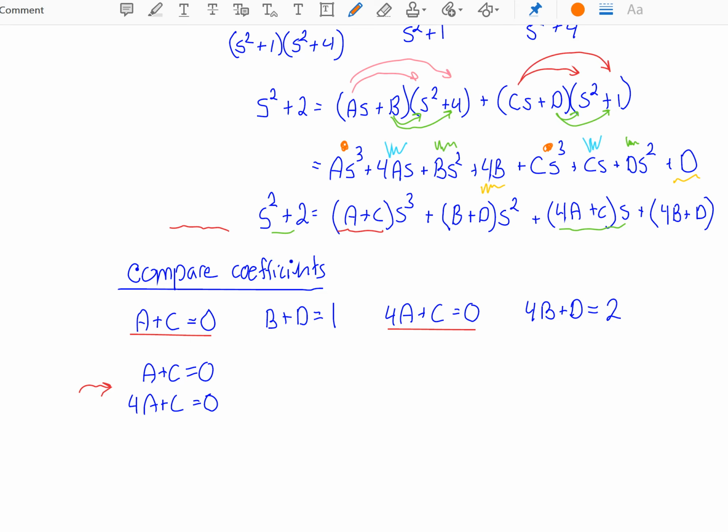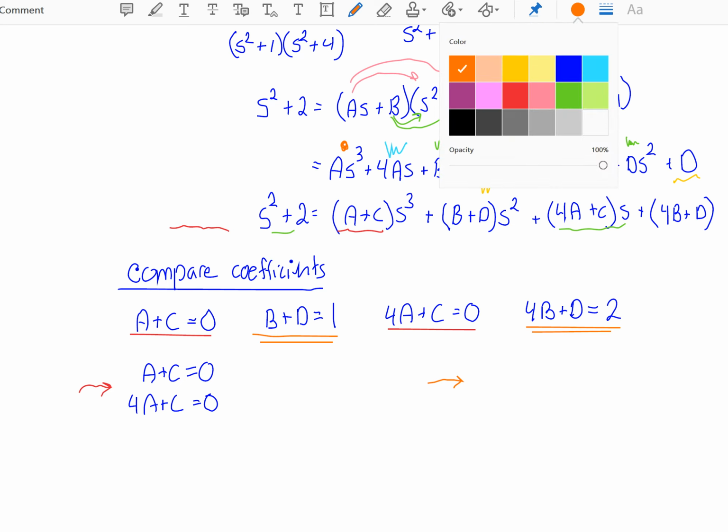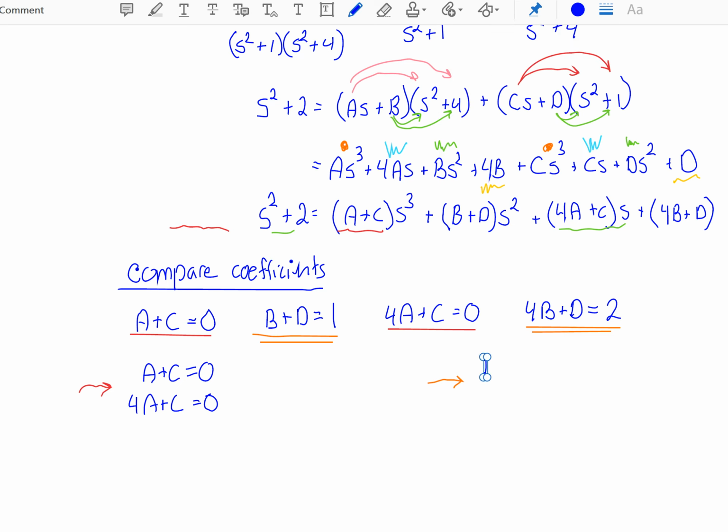Similarly, this equation tells us b plus d has to be 1, and this one tells us 4b plus d has to equal 2. And so these two equations by themselves create a 2-by-2 system for just b and d.